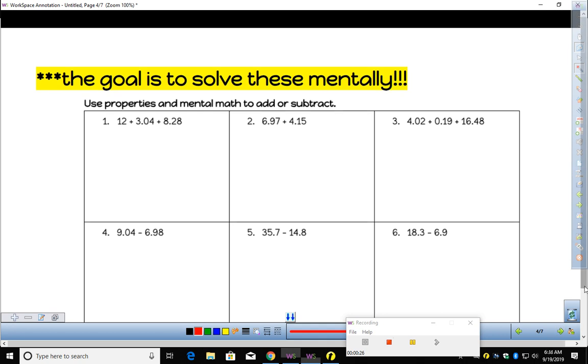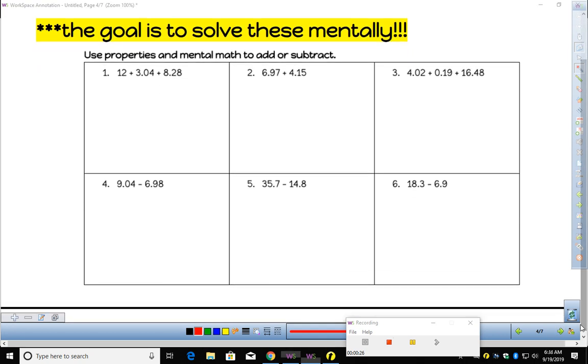All right? So, here are some problems to try mentally. Some of them could work from switching the order. Some of them might work from some compensation.